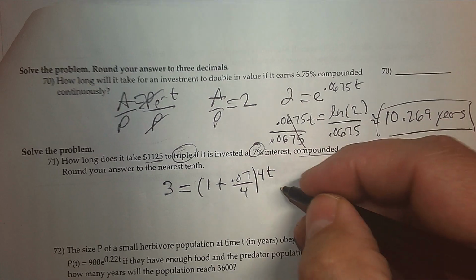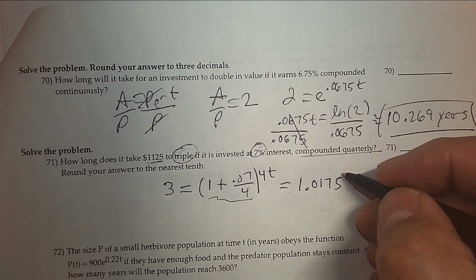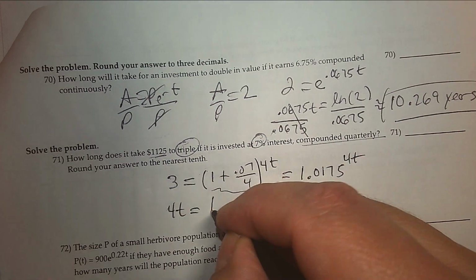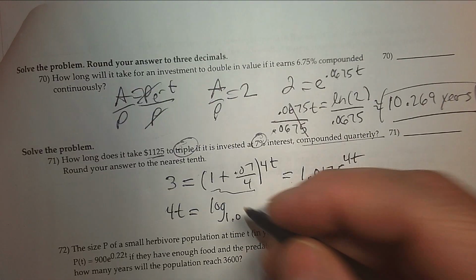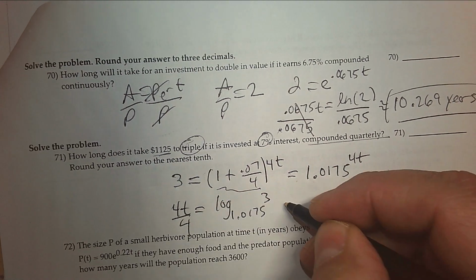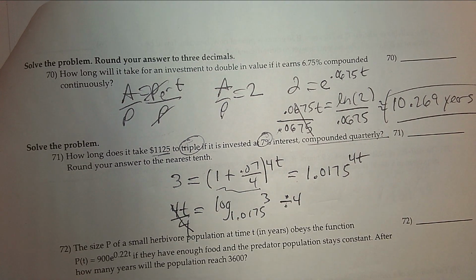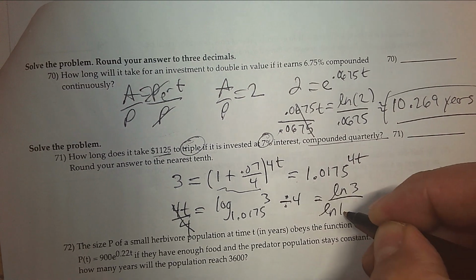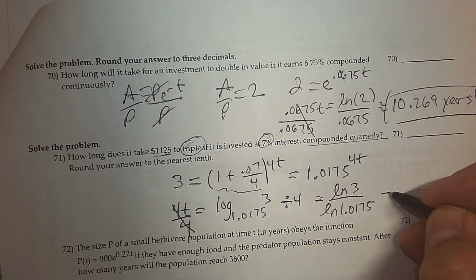So this means the same as 1.0175. So I just put that in the calculator to the 4t to make it easier to write as a logarithm. So the exponent is 4t. The logarithm has that base, 1.0175, and then inside the logarithm is 3, and then the last step is to divide by 4. So we write down the log. It would be ln 3 divided by ln 1.0175, and then you take that answer and divide it by 4.